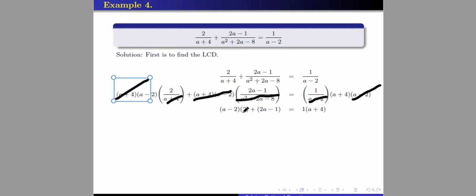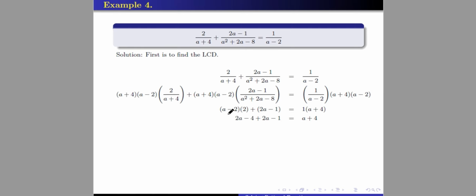Next is we can distribute 2. So we have 2a minus 4 plus, again, this is positive, so we can distribute the sign. So 2a minus 1 equals, we can distribute 1, so this is just equal to a plus 4. And then we will separate those with variable a and those without variable.